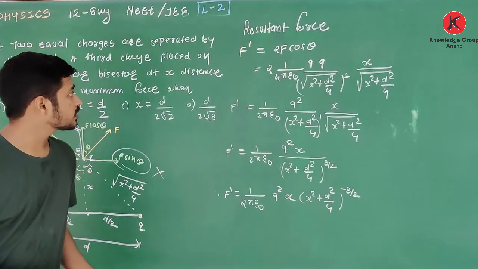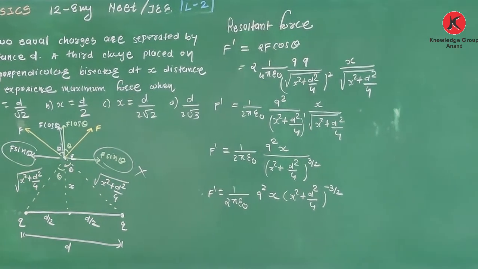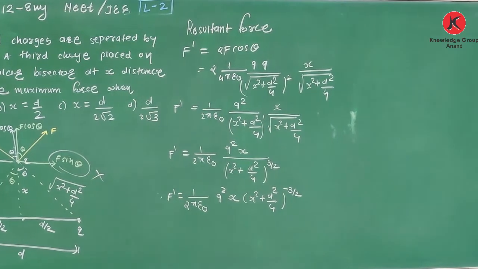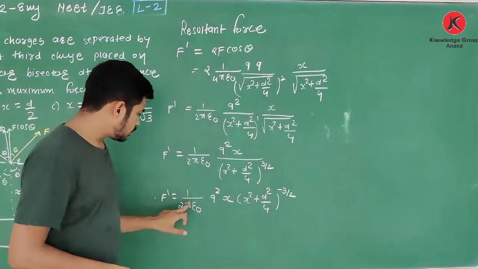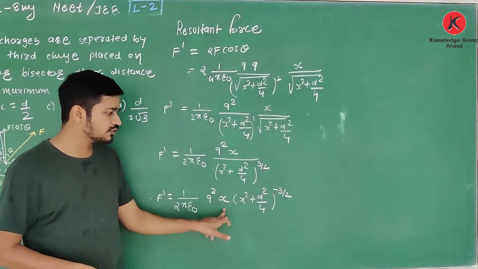Now you have to find the distance where the force is maximum. For maximum force, the differentiation will become 0. Here force is a function of x, because 1 upon 2 pi epsilon 0 is constant, q is constant, d is constant, only x is variable.